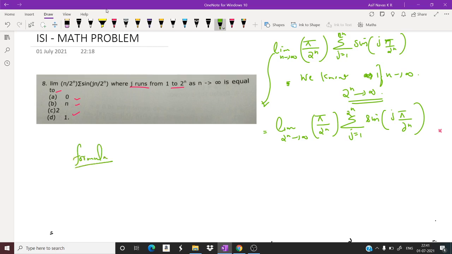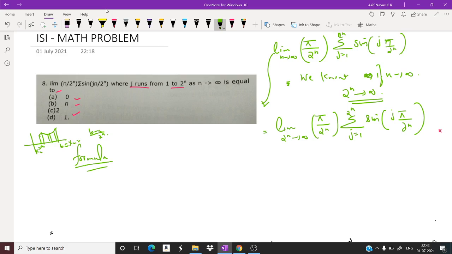that we derived is where we have cut this into n pieces. Now here, instead of cutting x naught to xn into n pieces, we are cutting it into 2 raised to n pieces.